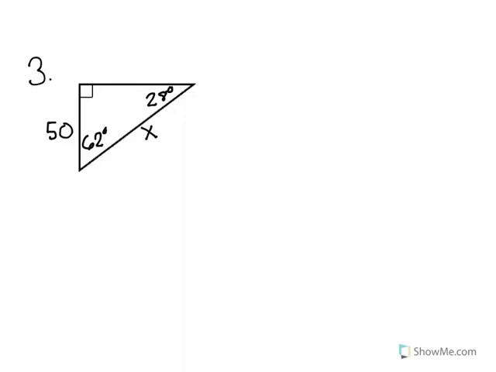It will affect which trigonometric ratio we use, sine, cosine, or tangent, but it's just kind of your preference. So here I'm just going to pick 62 to work with. Again, you could have picked 28 to work with. Okay, so it does matter when we're setting up our sides.